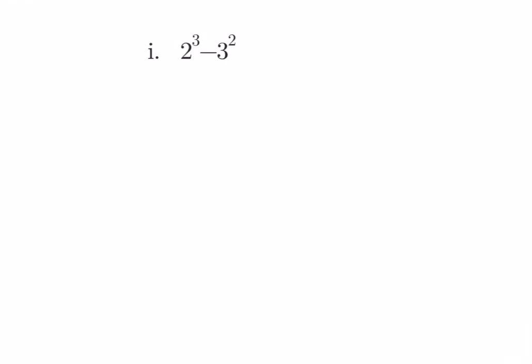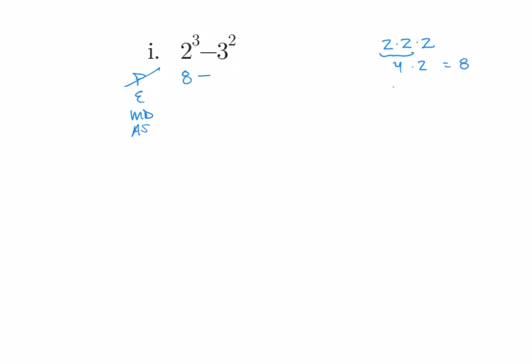All right, last one for this slide. Example I. We don't have any parentheses. We're going to start with exponents. We get 2 cubed. 2 times 2 is 4. Times 2 is 8.